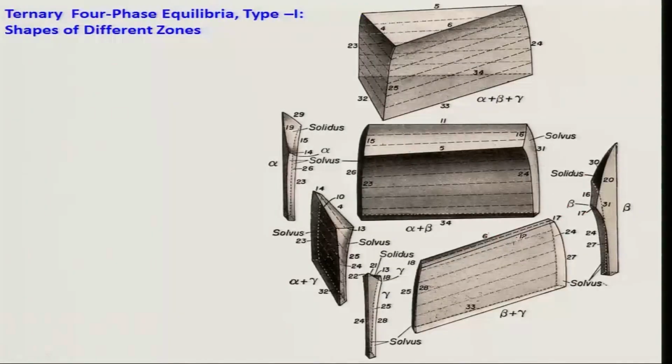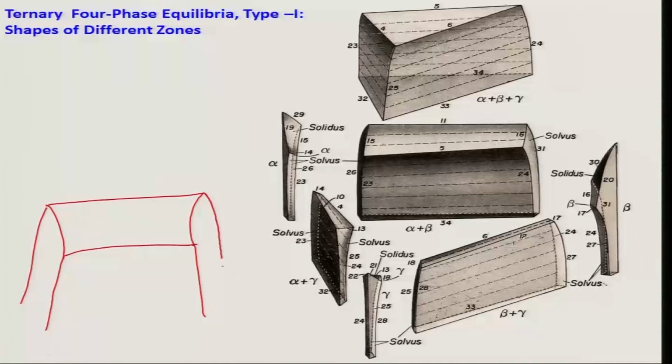Correct. Not only that, one can also look at the solid phases, as I have already drawn for alpha, beta and gamma. You see here the solid phase regions alpha plus gamma, alpha plus beta. Alpha plus beta is very simple. You can draw it yourself. It's like this. Beta plus gamma is almost similar, not much different.